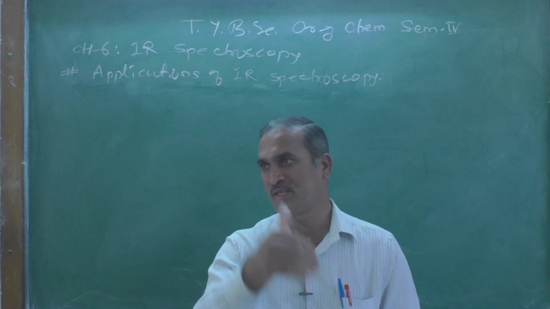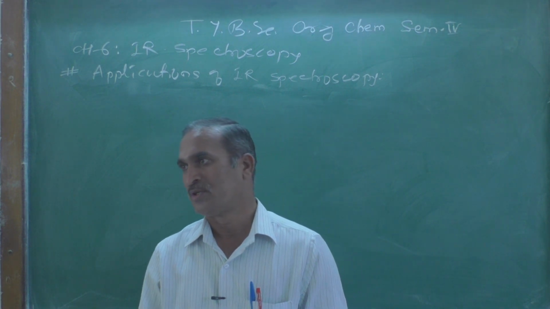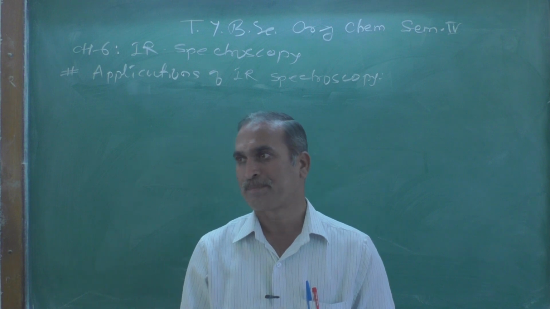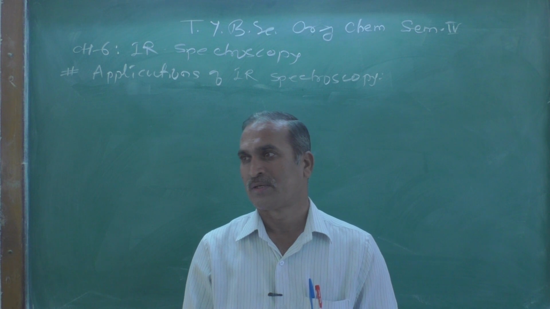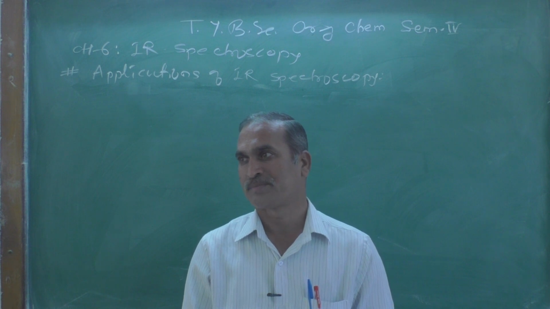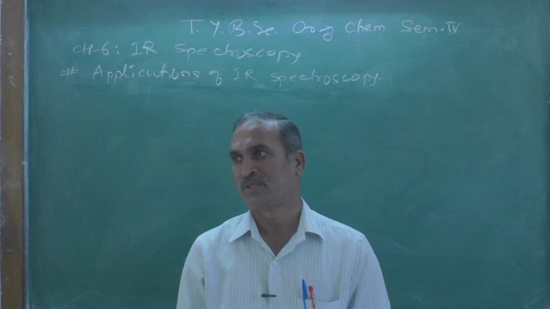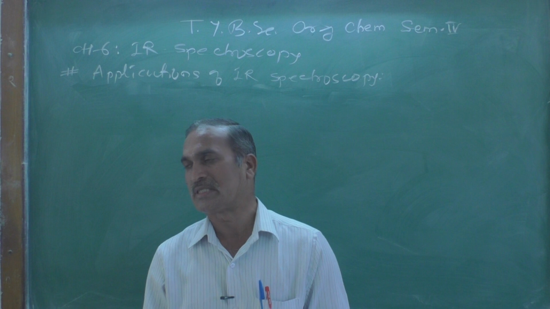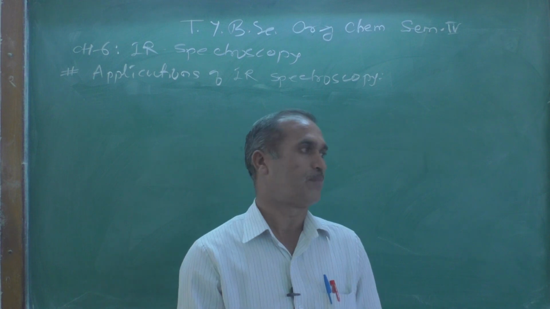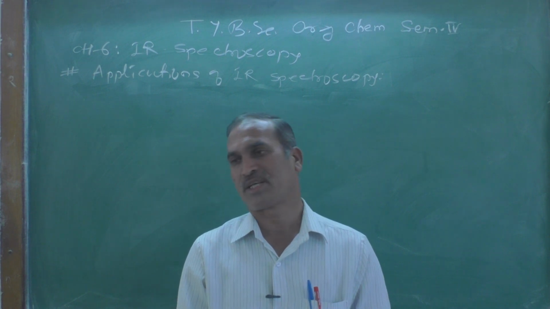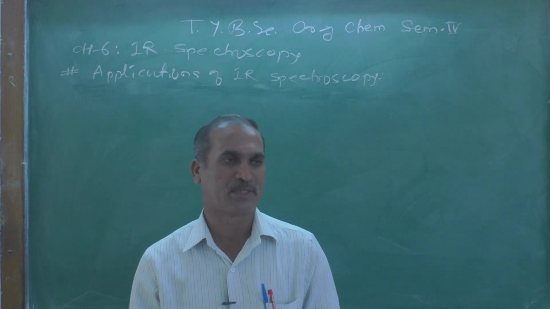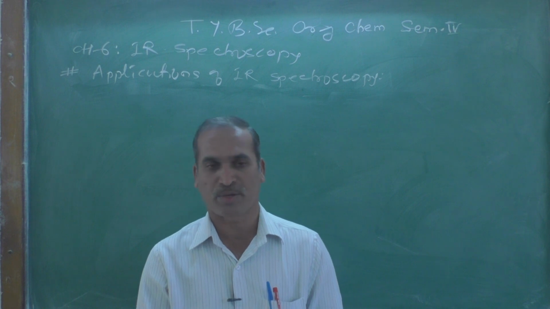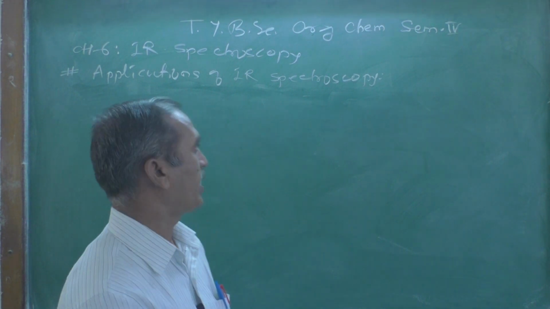How each and every region is important to provide very characteristic information regarding the functional group, we have discussed by taking some suitable examples. But right now, let's look at the board.